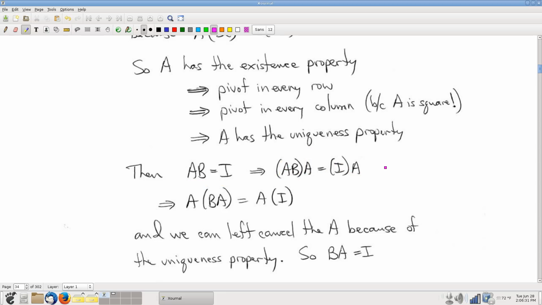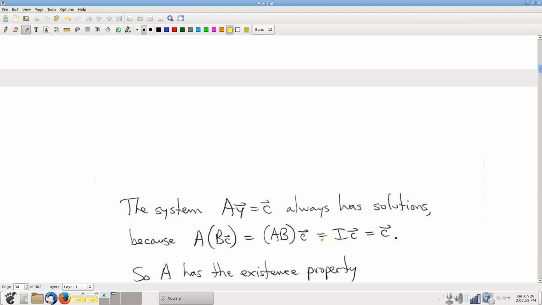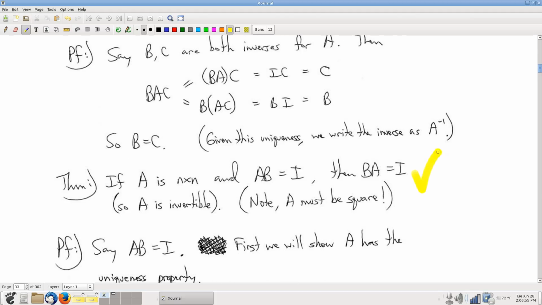Move parentheses around a little bit to get this, and now we can indeed left cancel because the matrix A does have the uniqueness property. We just showed that, so that cancellation is now legal, and therefore BA is the identity as required. That proves this result.